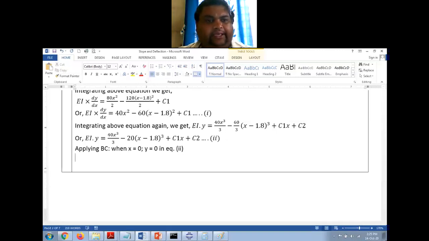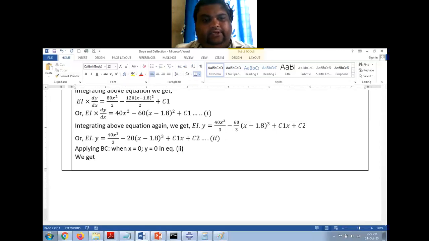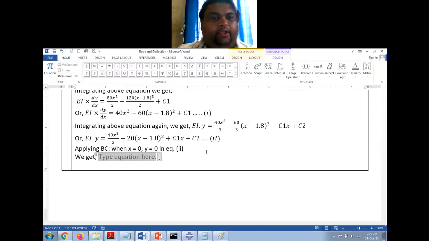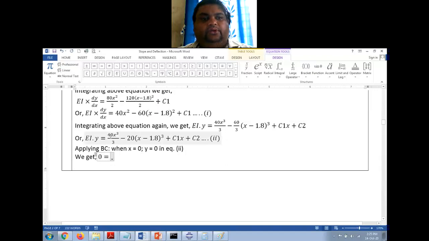So what will I get? We get EI into y. Y is 0, so this term will become 0, is equal to 40x cube. X is 0, so this will be 0. 20 into x minus 1.8.